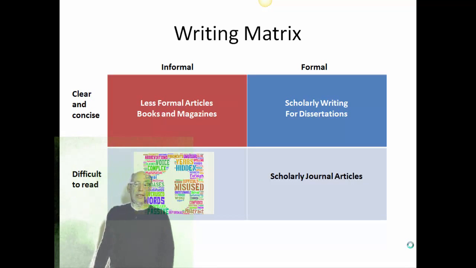And then if we come down to the gray area, where we have difficult to read and formal, you know what's in that? That's scholarly journal articles. And why do people have problems writing scholarly? Because we're trying to follow what everybody else does.